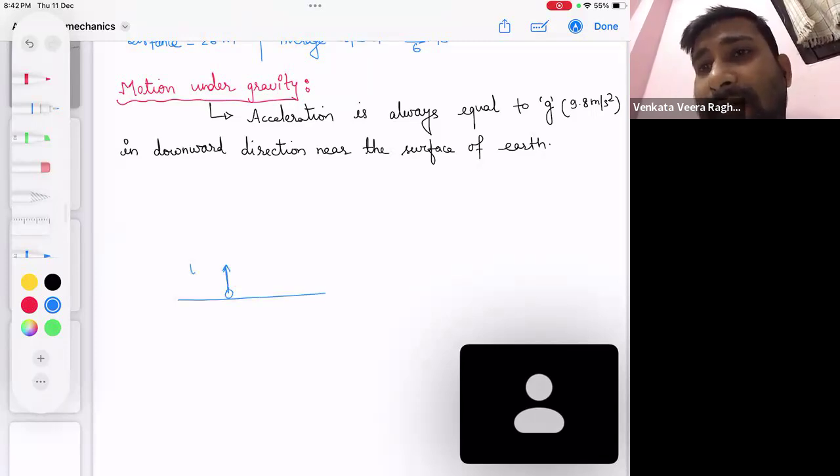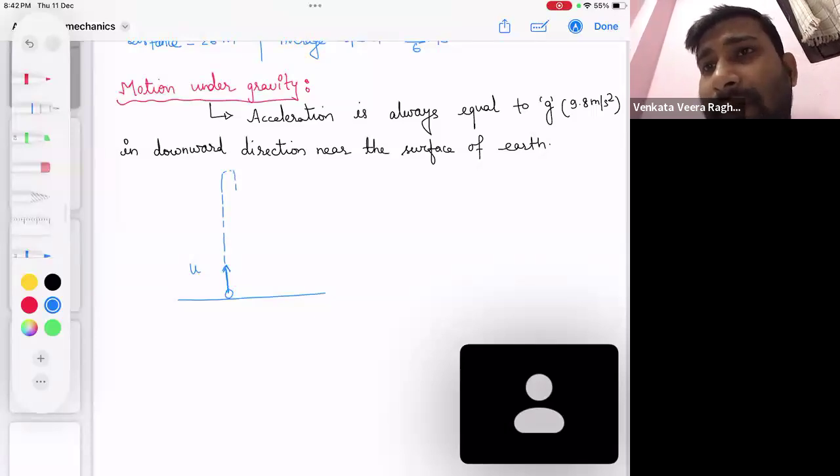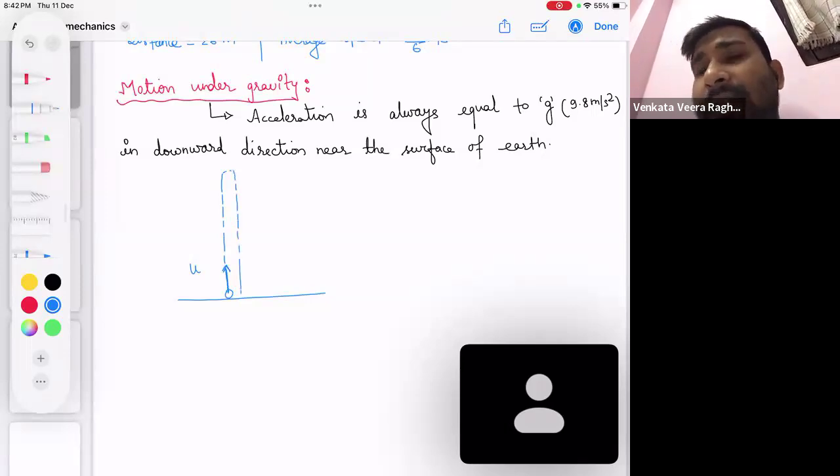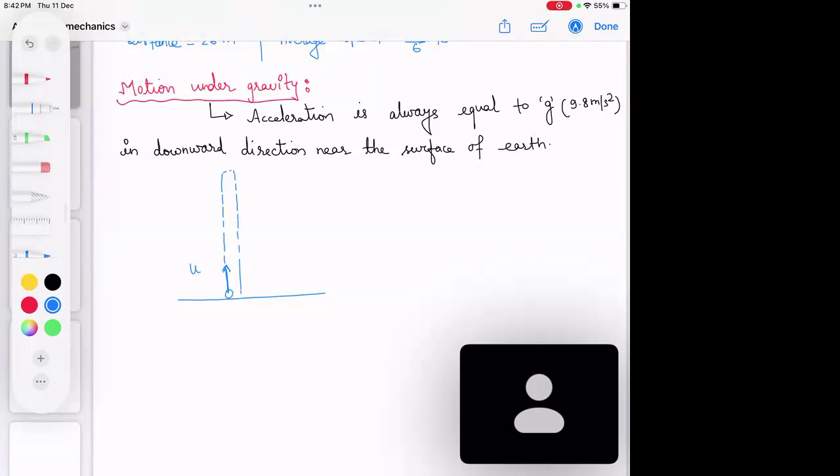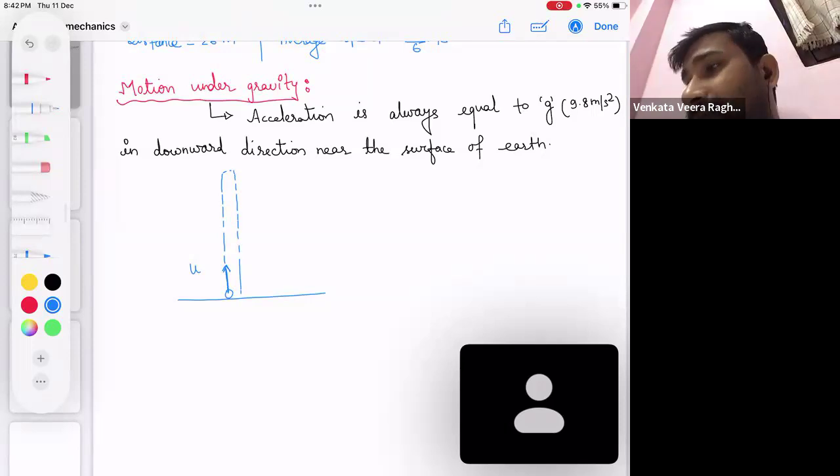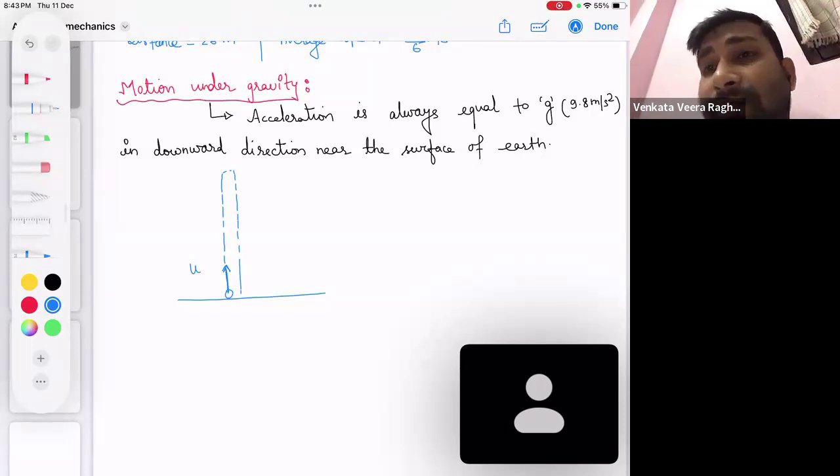Let's say I am sending a particle with u velocity. So how will it go? It will go up, reach a certain point, and again come back to the same point where it is projected. Although I have shown it by two different lines, that is just for understanding. Is the particle going to follow the same path in the upward journey and the downward journey?